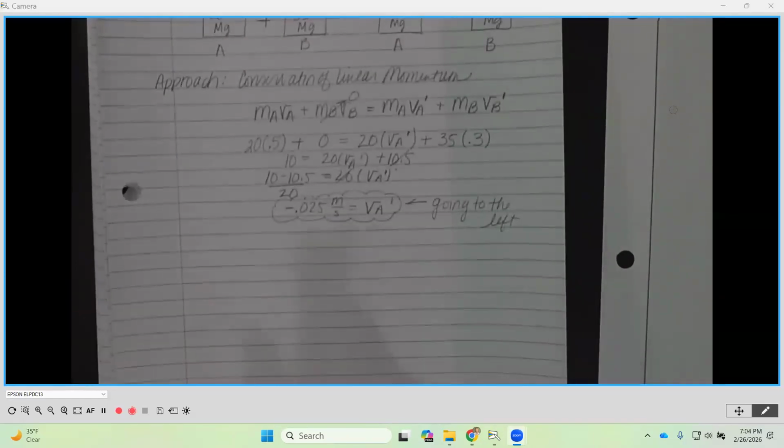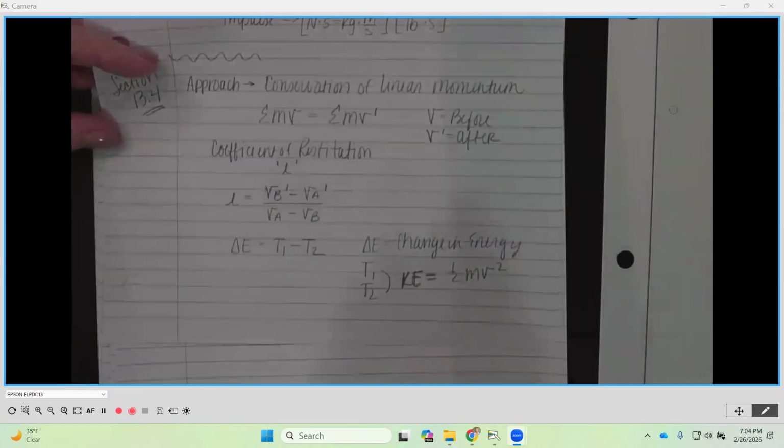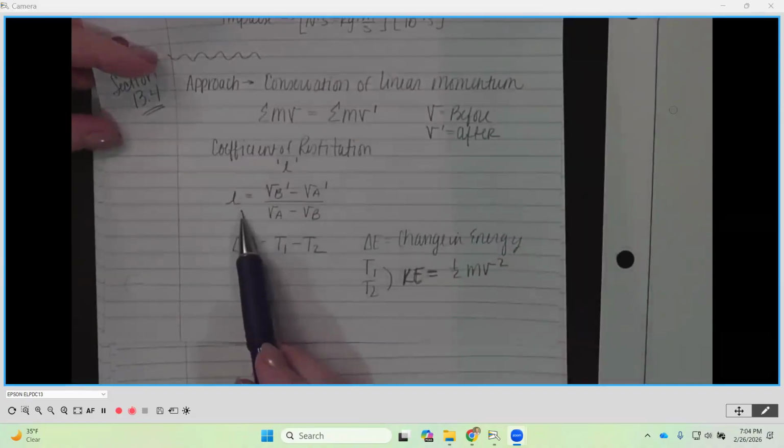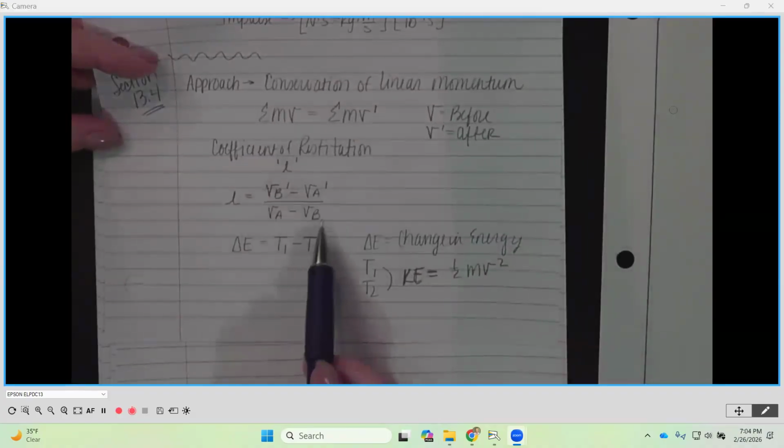Now, the coefficient of restitution. So looking back at our equation sheet, we want to calculate this value using the equation we see here. Okay.